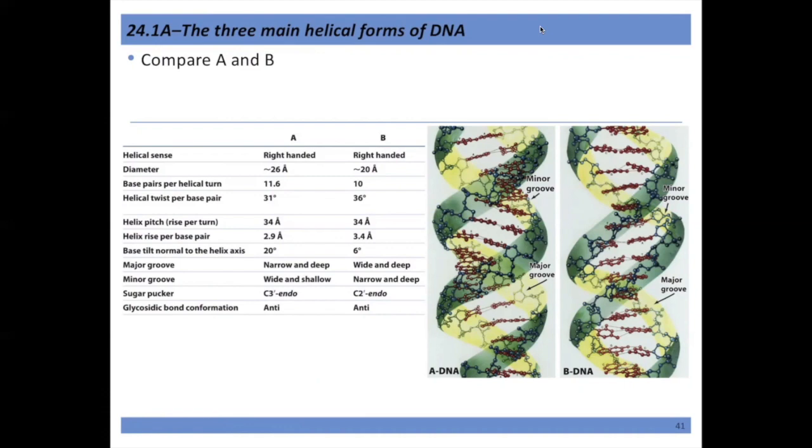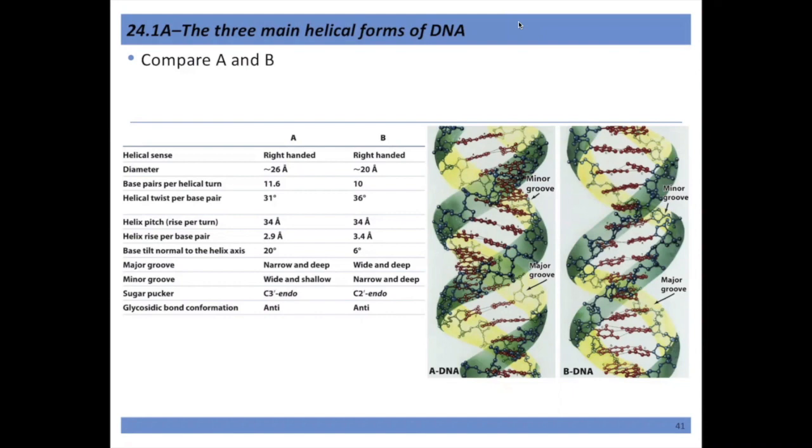You've got 10 base pairs, so overall you're going to be at 360 degrees once you have 10 base pairs there. Okay, so you can see those differences. For B DNA, we should probably know that there are 10 base pairs per turn, which means that each base pair is twisting at 36 degrees.